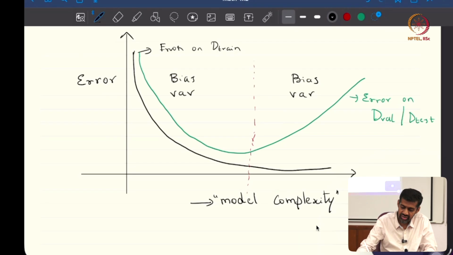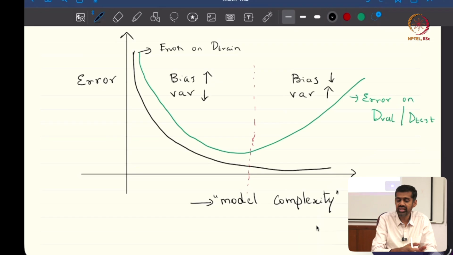This model is very high bias, low variance. And this is low bias and high variance, the two extremes that we saw. The H1 and H2, those two classifiers that we saw, one falls in the region of high bias and low variance, the other is in the region of low bias and high variance. We need neither.